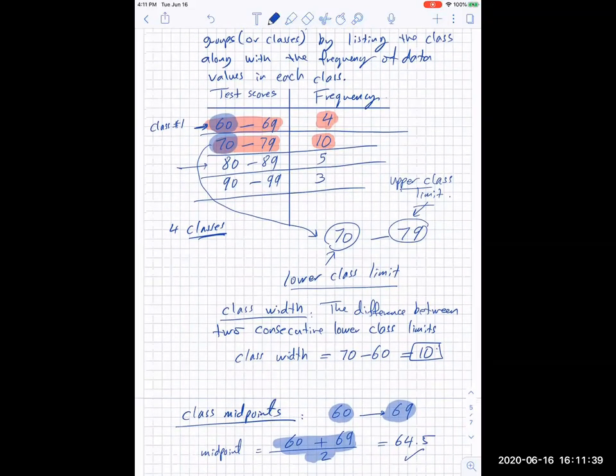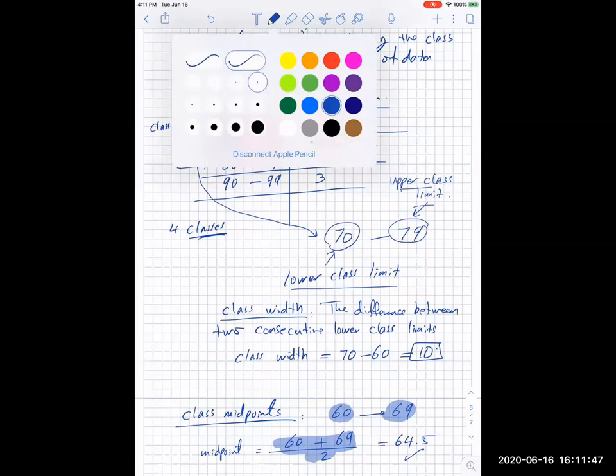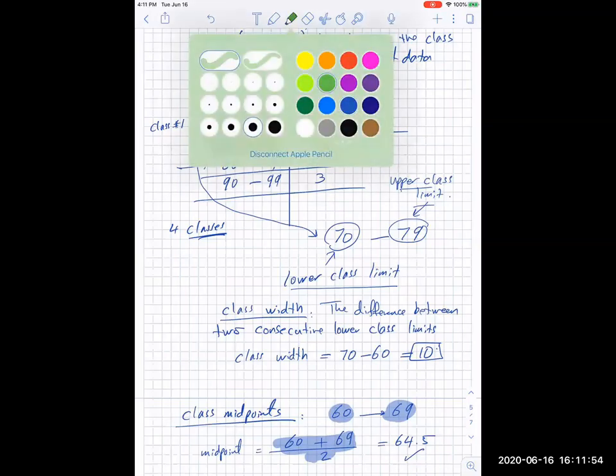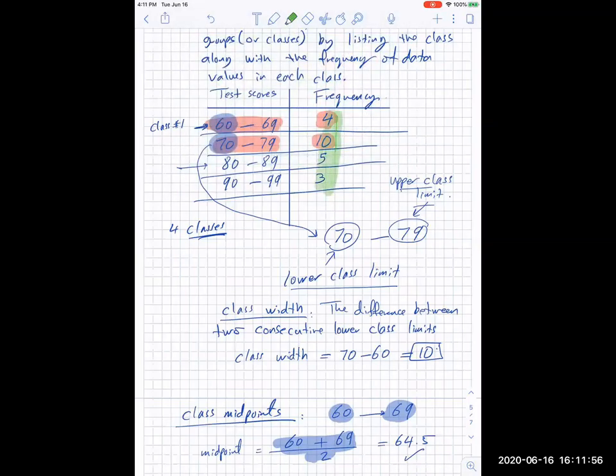The other thing, guys, is this. When you look at the second column, the frequency column, this column here, look at these numbers. What do we notice? We notice that the frequency is relatively low, right? It starts with 4.